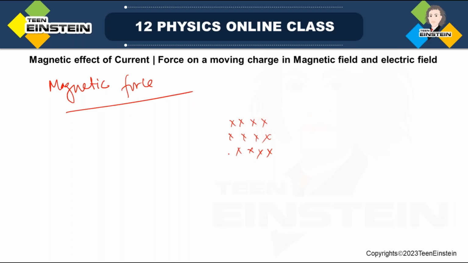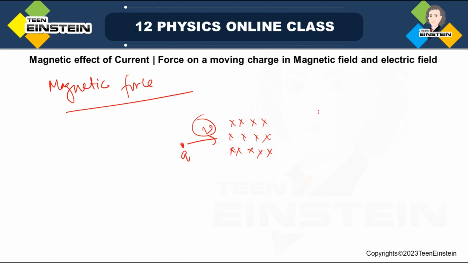Now if you have a point charge Q which is moving with velocity v and enters into this magnetic field, what will be the force experienced by this charged particle?